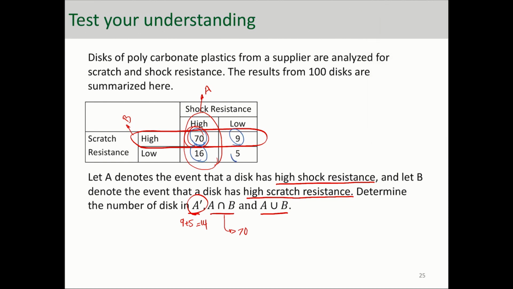There are only 5 disks that do not have either high shock resistance or scratch resistance. So I would say basically 70 plus 9 plus 16, which is 95. You can get to this number by doing 100 minus 5 as well.